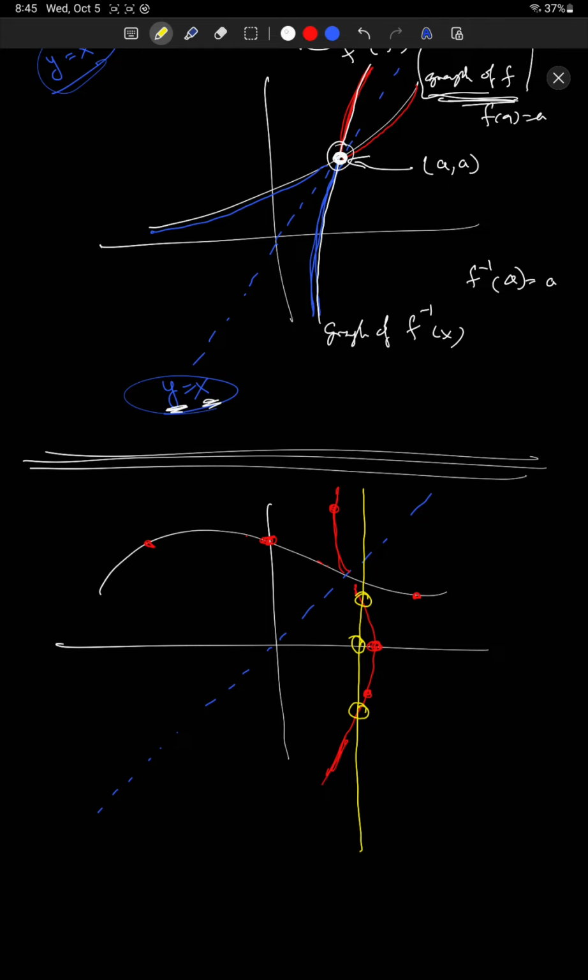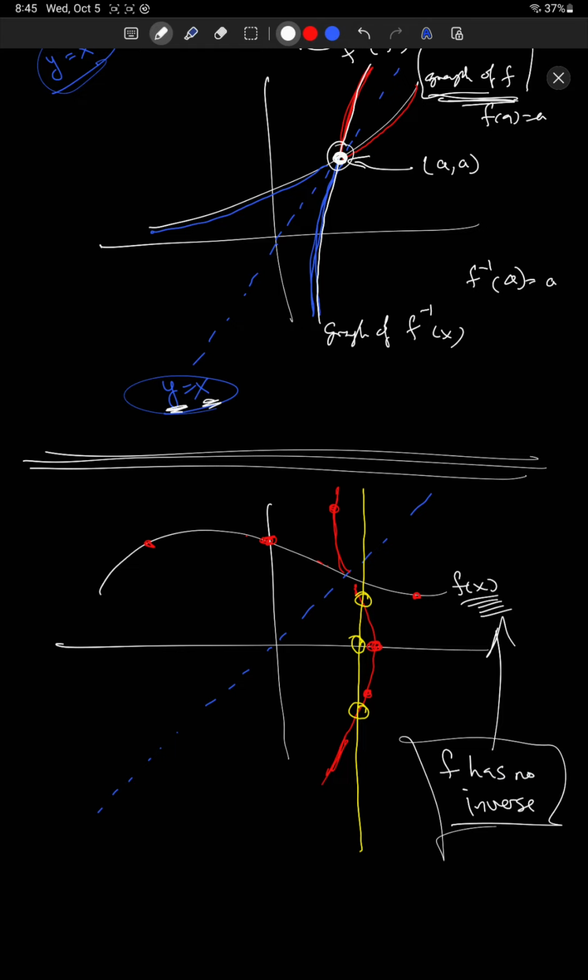And so my original function f does not have an inverse, because if it did, its graph would not be legal as a function. So in terms of pictures, function f has no inverse, because its inverse would not satisfy the vertical line test.